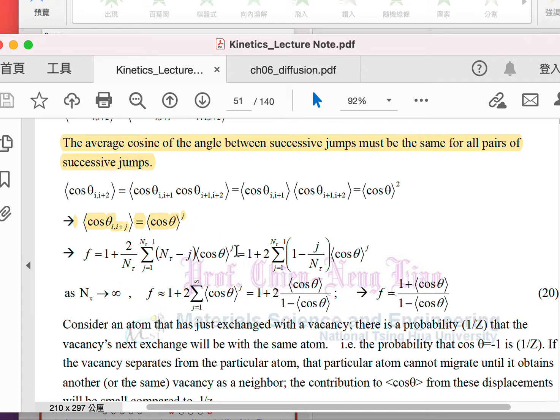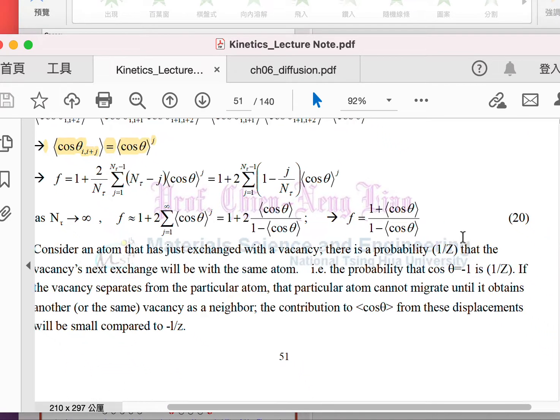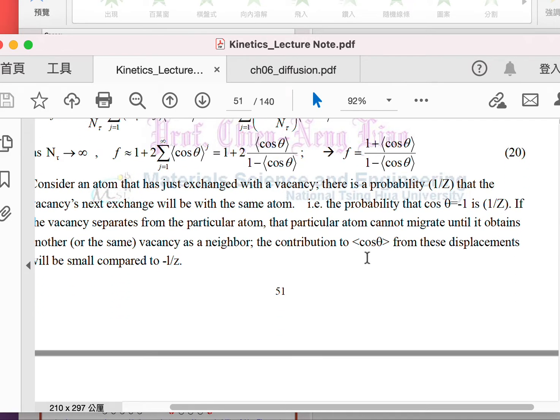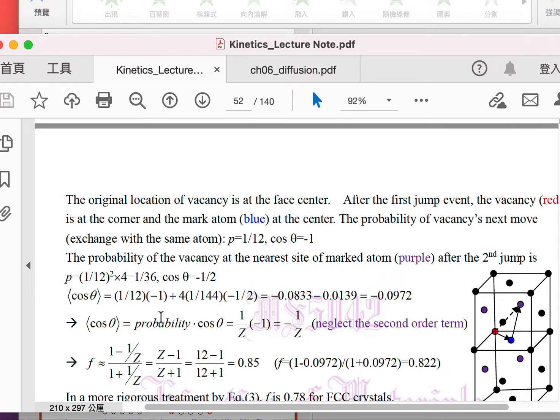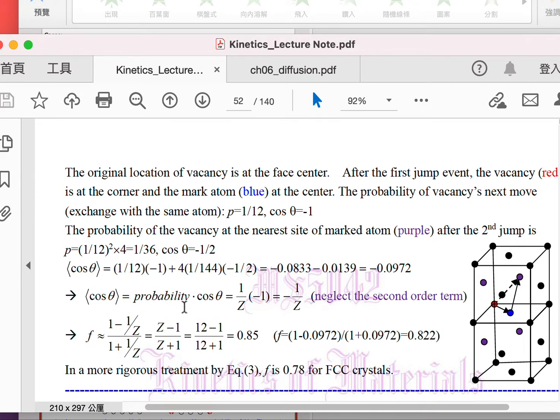That means this result will be equal to the average of the cosine theta between successive jumps, which becomes the same as directly averaging this cosine theta term. And this cosine theta can actually be obtained based on what? Based on the probability times the cosine theta.